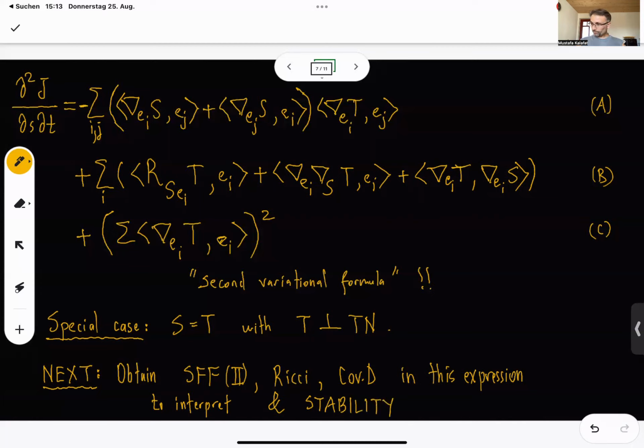Right. So next time we're going to see how we understand and get information out of this second variational formula.